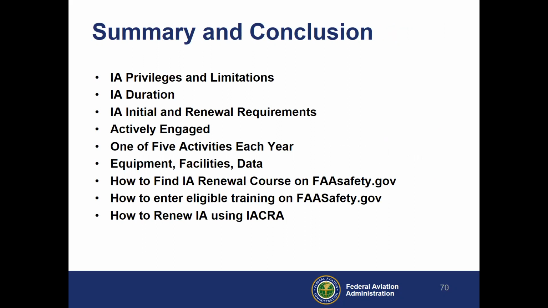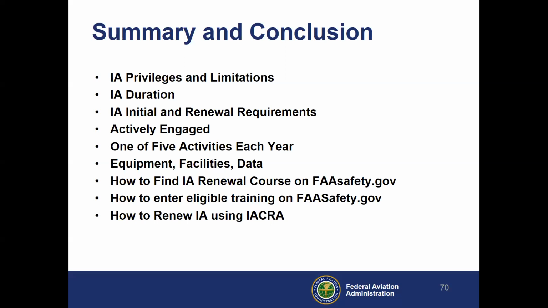So that concludes how you actually go in and apply for renewal. Today, we looked at IA privileges and limitations, just a brief review. We looked at the IA duration. We looked at what the criteria are for the initial and renewal. We looked at the textbook meaning of actively engaged. Then we reviewed the 5 activities, 1 of 5 that are required in each year.